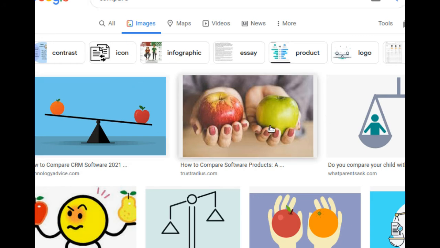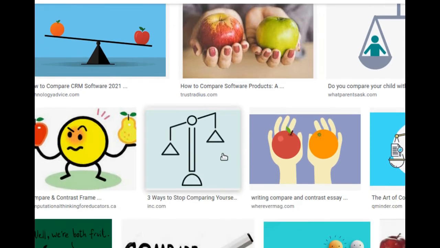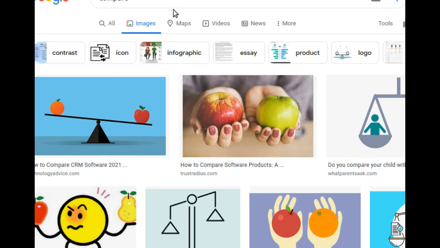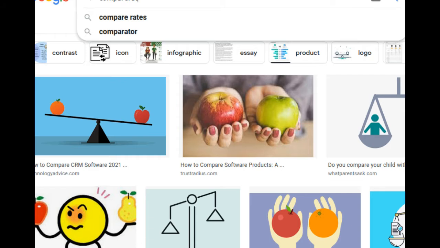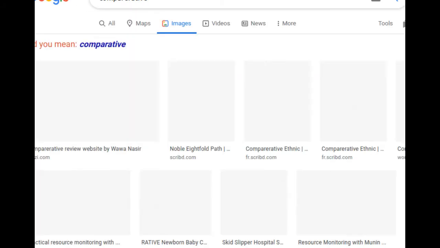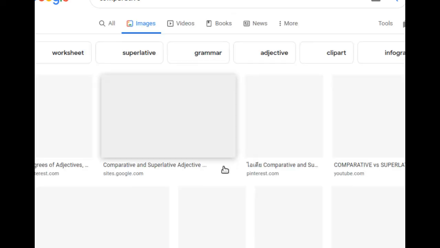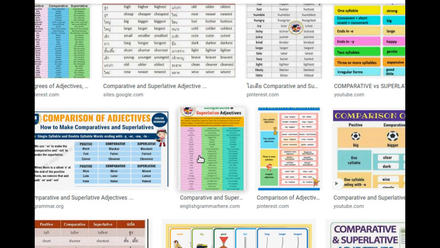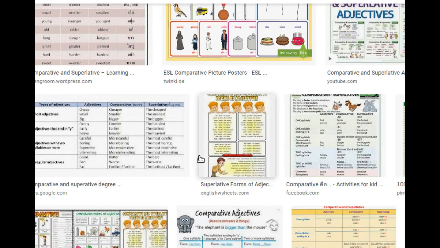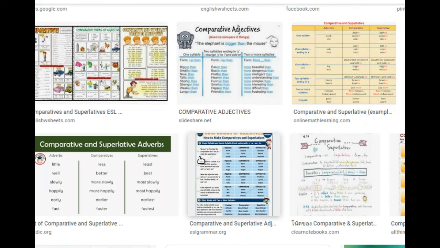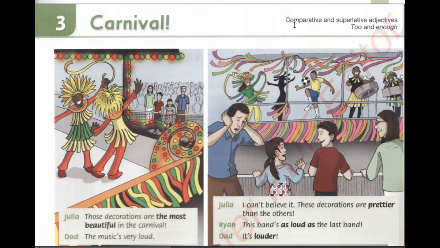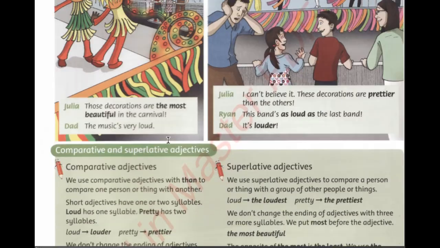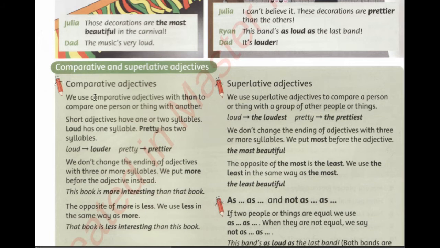As an example, we have a picture of an apple, and compare these apples with each other. Comparative. So the word comparative means we compare two things with each other. We can go on Google, and there we find a lot of comparative words. So when we have comparative and superlative, it means we compare two things with each other.